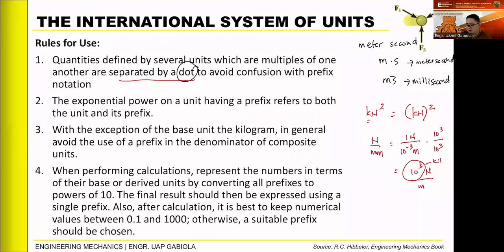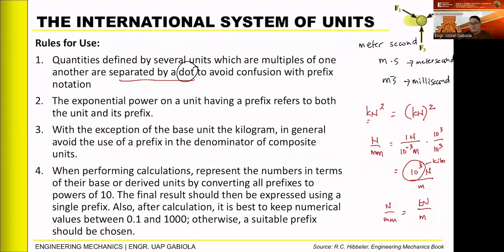So, Newton per mm is equivalent to kilonewton per meter. Okay? So, naging base unit na yung denominator natin. So, na-avoid natin yung prefix sa denominator. So, hindi lagi siyang applicable pero if pwedeng iwasan natin. Okay?